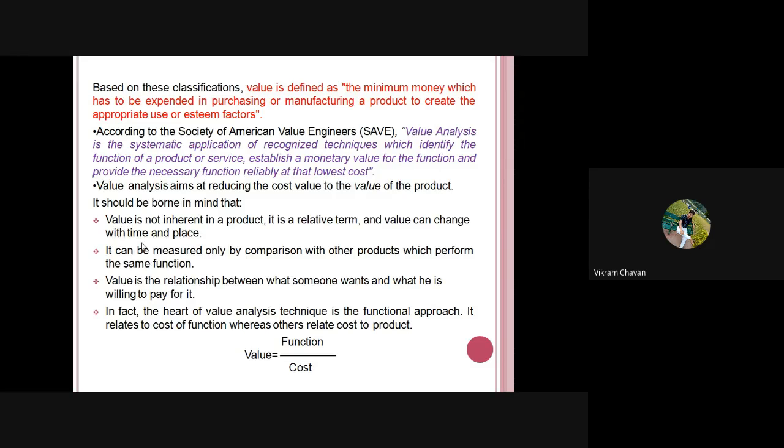Consider any product, for example a mobile. We pay the money, and the company wants to release that mobile in the market with minimum cost, because the customer should be attracted to that particular mobile.